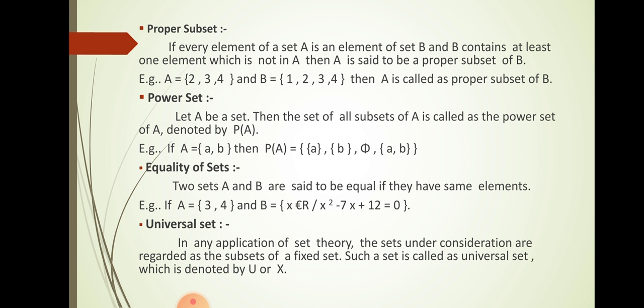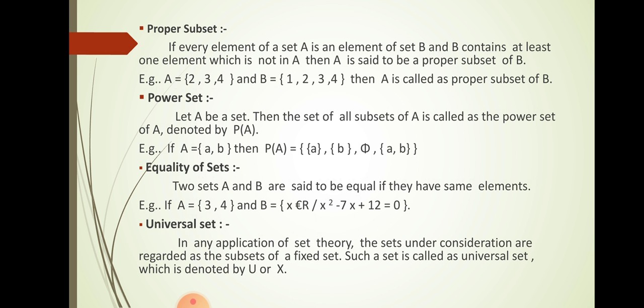In other words, if A is a subset of B and B is a subset of A, then capital A and capital B are equal sets and we write A is equal to B. For example, A is equal to the set {3, 4} and B is equal to the set {x belongs to capital R such that x square minus 7x plus 12 is equal to 0}. Then it can be easily observed that A is equal to B.